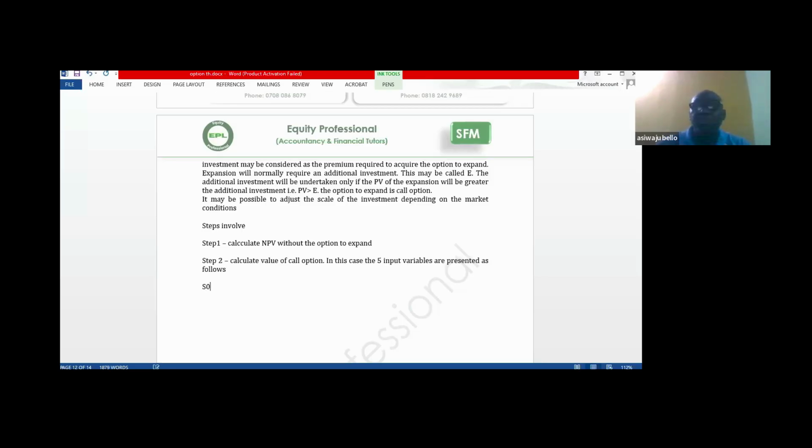S0 is equal to the present value of future cash flow after expansion.